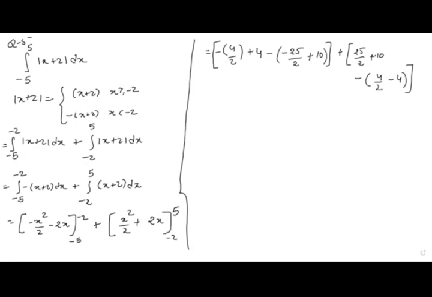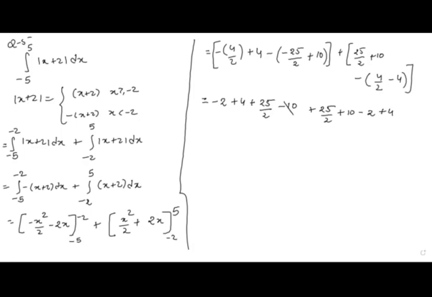Right, so this will be minus 2 plus 4 minus minus plus 25 by 2 minus 10 plus 25 by 2 plus 10 minus 2 minus minus plus 4.